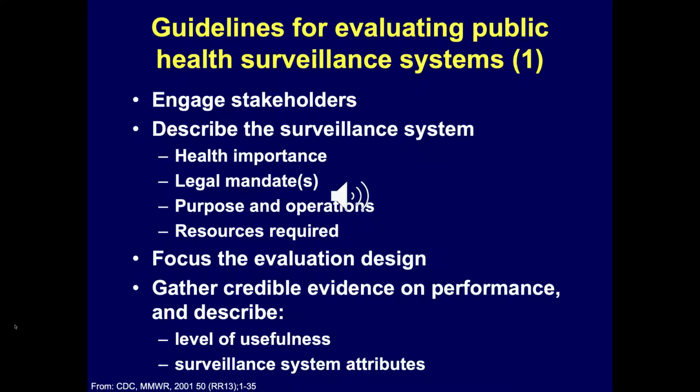Then some considerations around focusing the design of the evaluation, gathering credible evidence on the system's performance, which would involve describing the level of usefulness of the surveillance system, and then going attribute by attribute around surveillance system attributes.